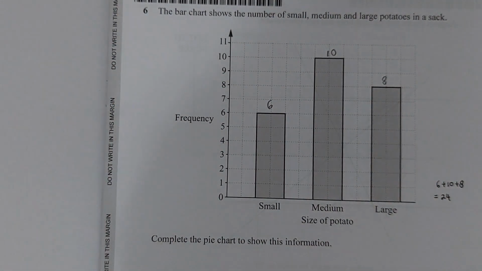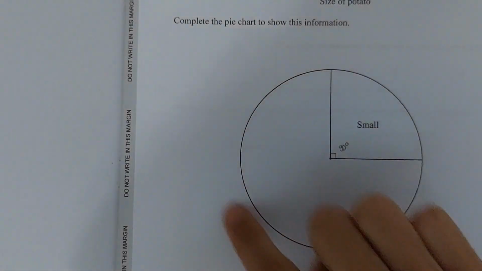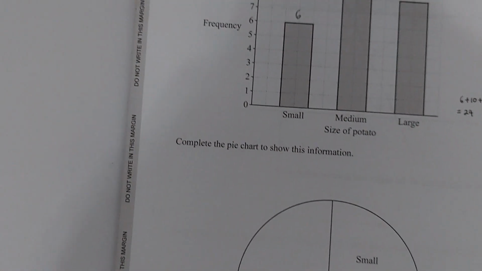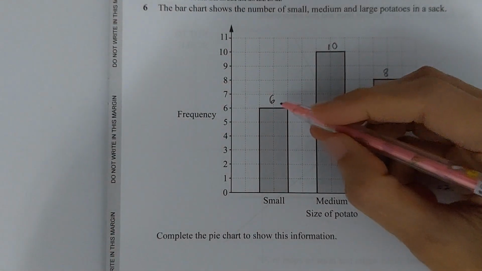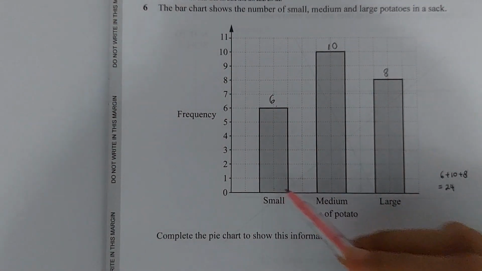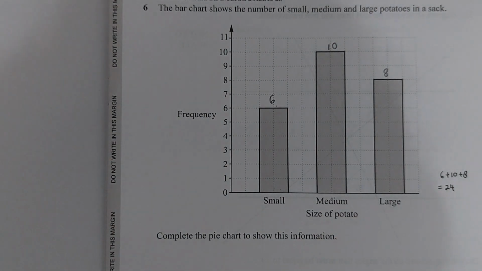Now, of course, this pie chart will represent what? The whole potato, the 24. Okay? Now, we look again. The small one is 6. So the small one is actually take a part of what? From the whole thing. 6 over 24, right?